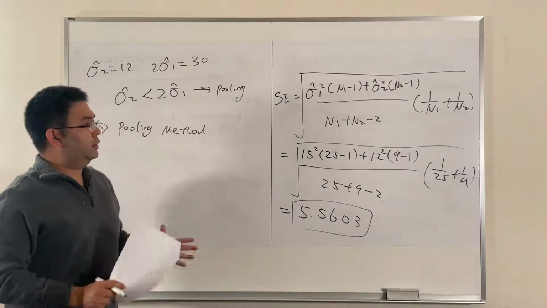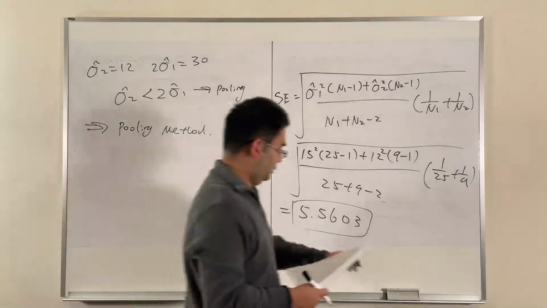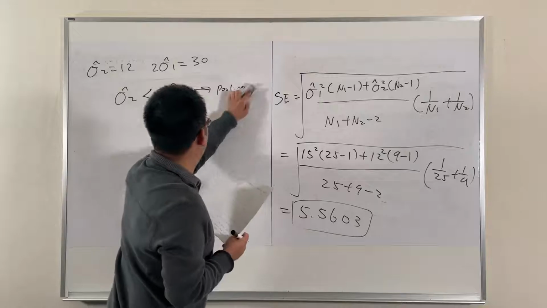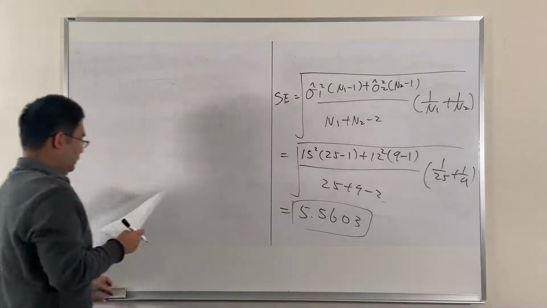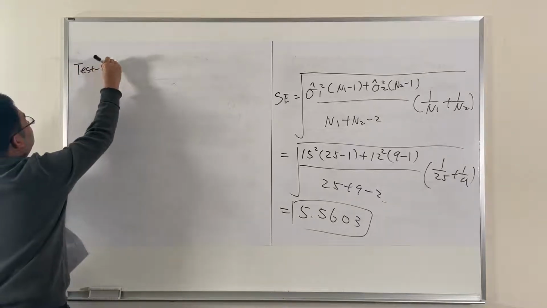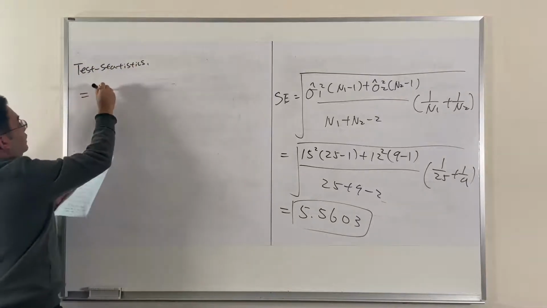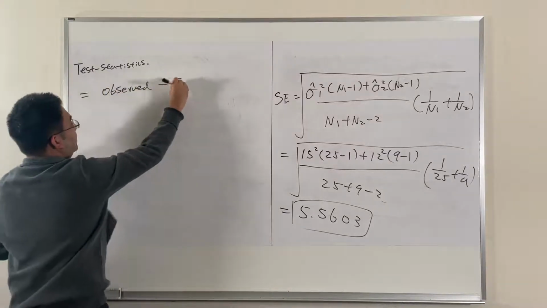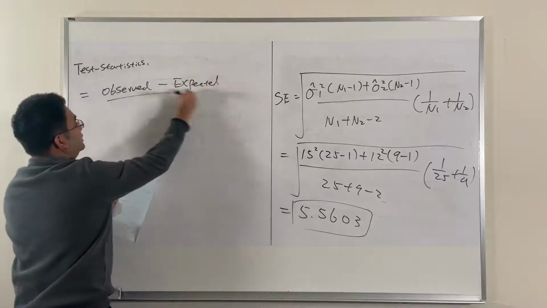Now we have our standard error, and we can jump into our test statistic. The test statistic equals observed minus expected, over our standard error.